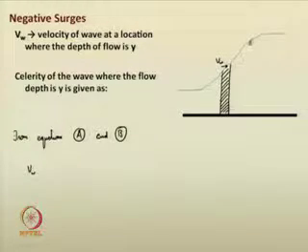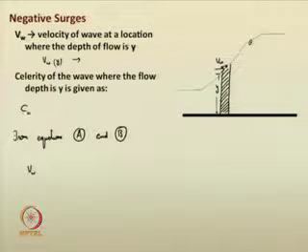At another location, the wave velocity will be different. Here the depth of flow is y. So, at any location where the depth of flow is y, the wave velocity is Vw. It means that Vw is a function of y in this case. That is the interpretation.